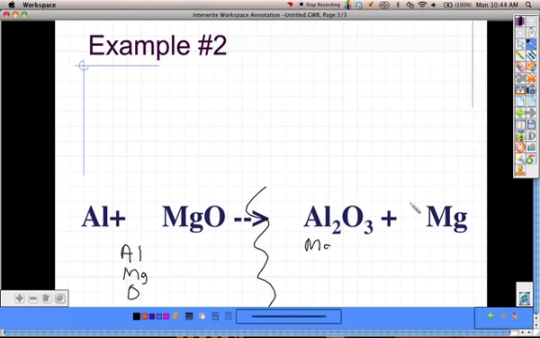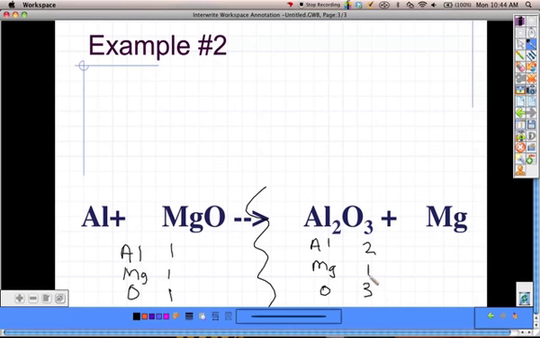I'm going to write it the same way, Al, Mg, O on that side. Well, I have 1 aluminum on this side, 2 on that side, 1 magnesium on the reactant side, 1 on the product side, and 1 oxygen on the reactant side versus 3 oxygen on the product side.